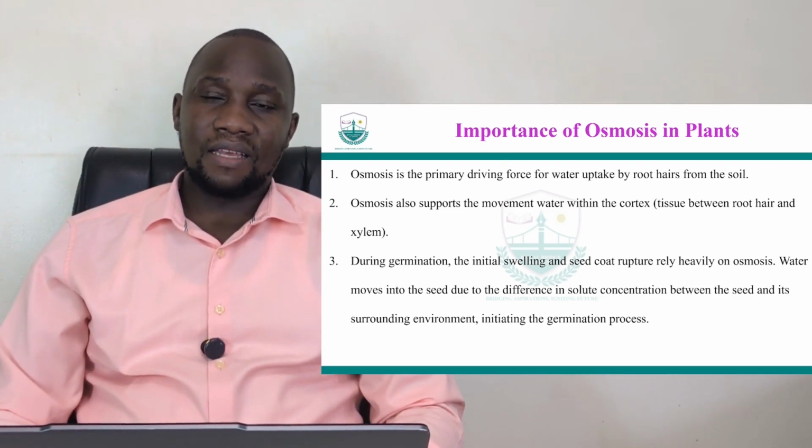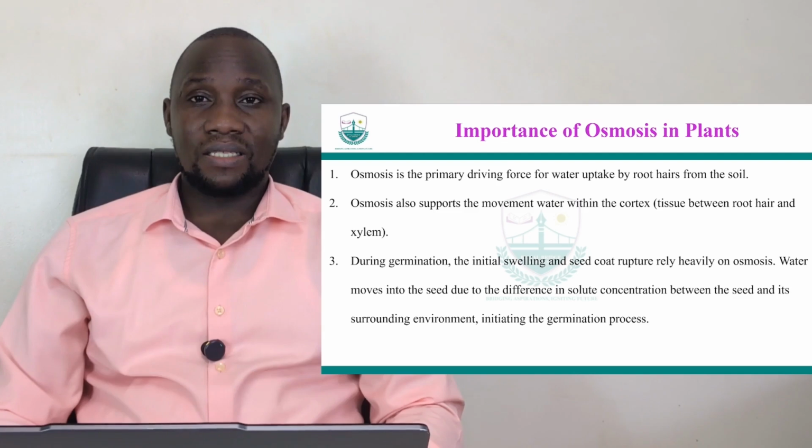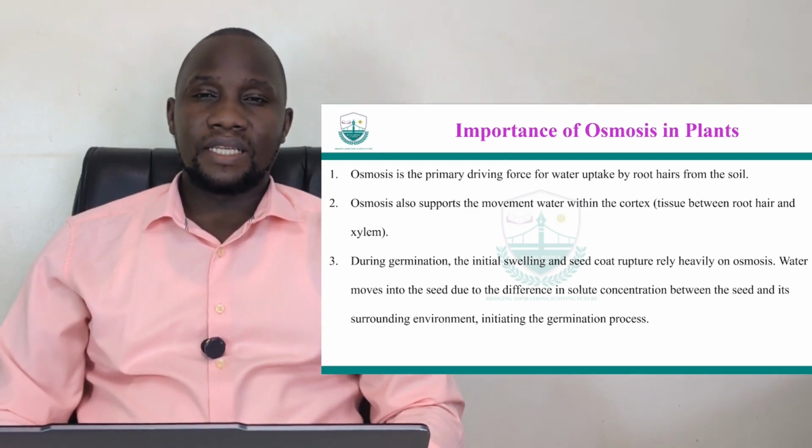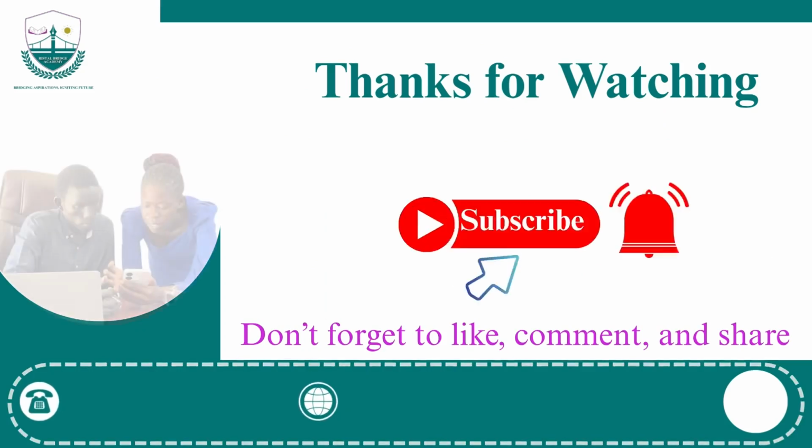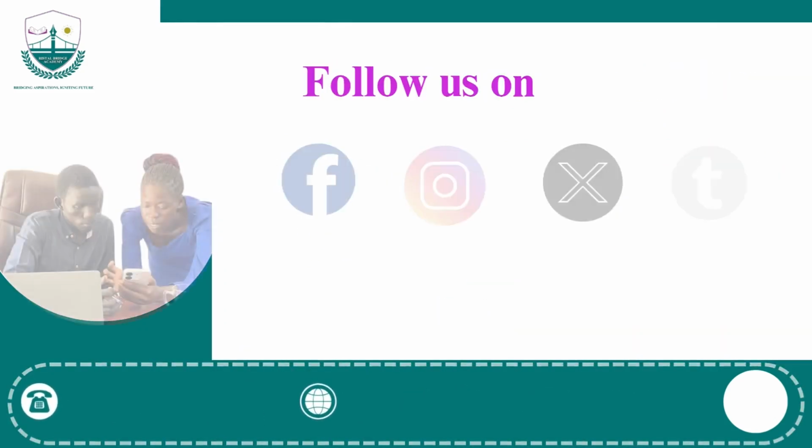And some plants, for example the herbaceous plants, rely on cell turgidity to basically remain upright.